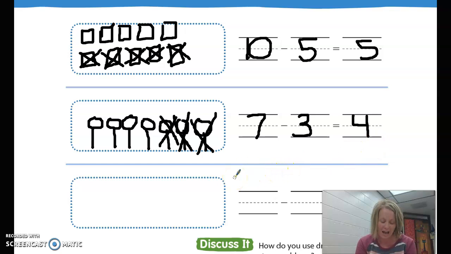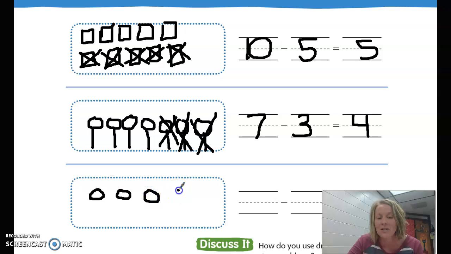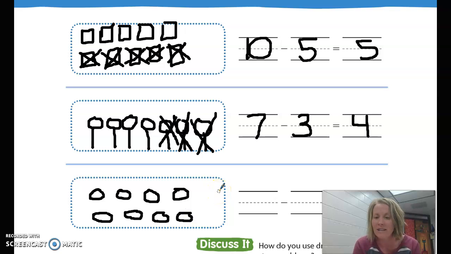Nice job. Oh, boys and girls, there were 8 birds sitting in the tree. Let's draw our 8 birds. I don't know that I'm very good at birds, so I'm just going to draw circles. I'm going to draw my 8 birds. Do you have your 8 birds? 1 flew away.